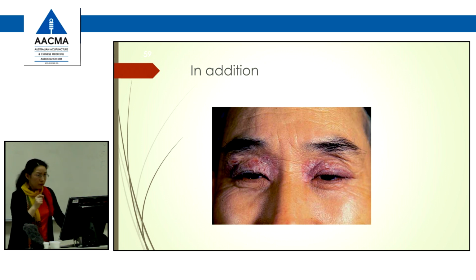If the ingredients are suitable, that's okay. So eye ointment can be used on the skin, especially for the eyelids. You can choose some eye ointment for lesions around the eyes, and for other sensitive parts of the body.